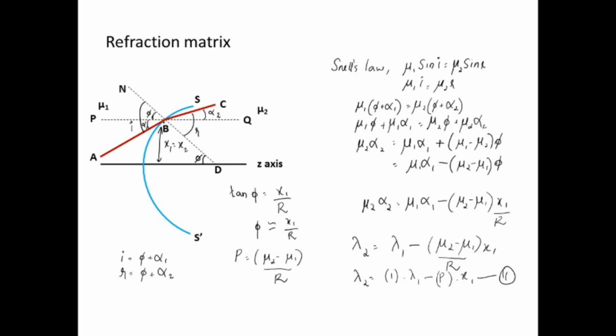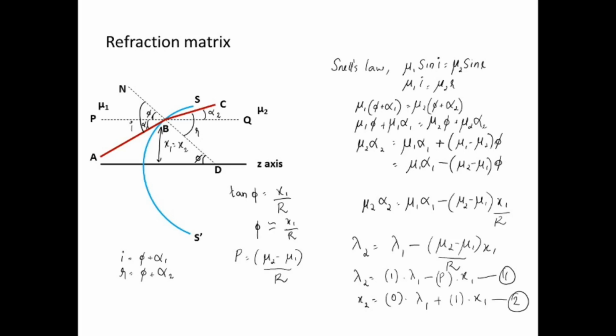Now, at the point of refraction, I have written x1 is equal to x2, or in other terms, x2 is equal to 0 into lambda 1 plus 1 into x1. Let this be our second equation.